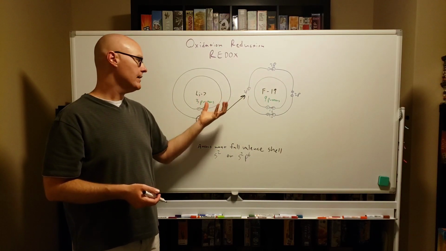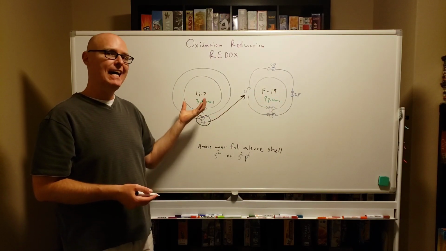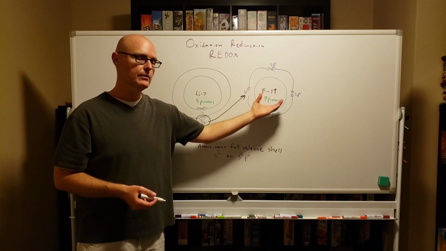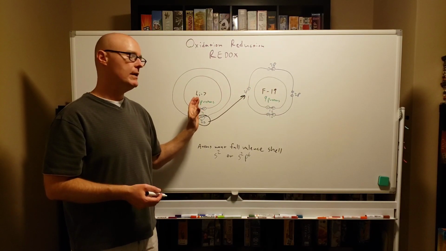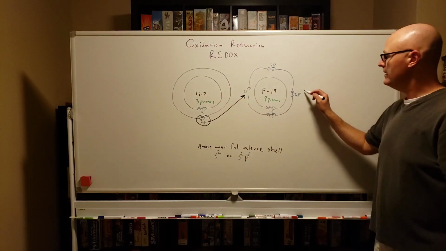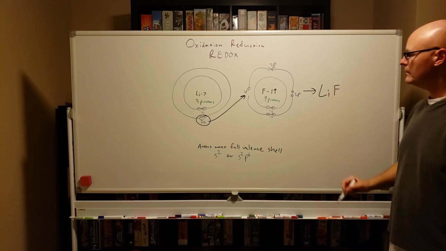So the electron moved from the lithium to the fluorine. The lithium was oxidized. The fluorine was reduced. This will become lithium fluoride. So if I combine these together, this becomes lithium fluoride.